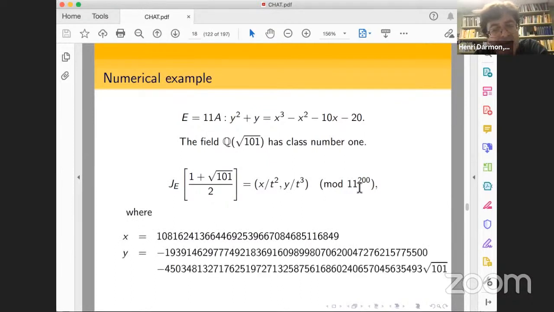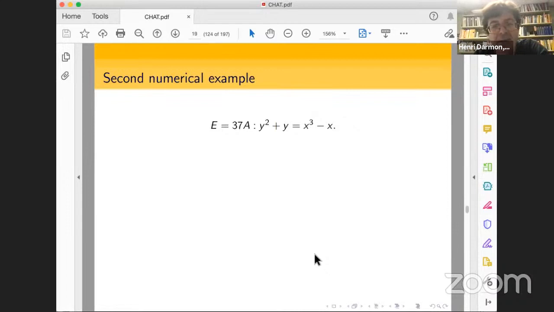Namely, x is this integer, y is this element of Q(square root 101), and the denominator t is given by this number. And when you plug these values into this equation, you find that you have a global point on the elliptic curve defined over that real quadratic field. And the fact that one gets such a large point is sort of convincing evidence that that conjecture had to be true.